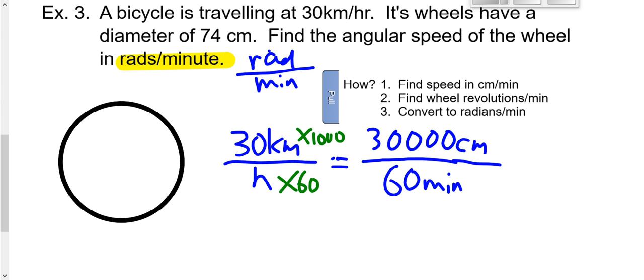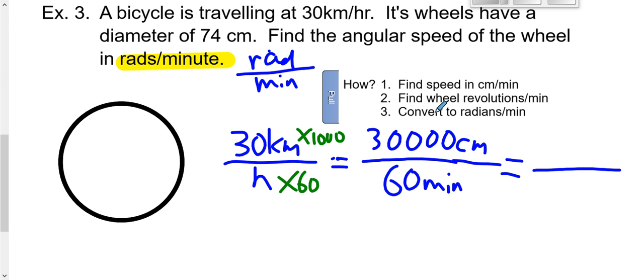I'll briefly, if you look at the answer key, I showed you another way, so depending on which way you feel comfortable with. Now, let's keep going. So for the top, it's already in centimeters, so it is okay.